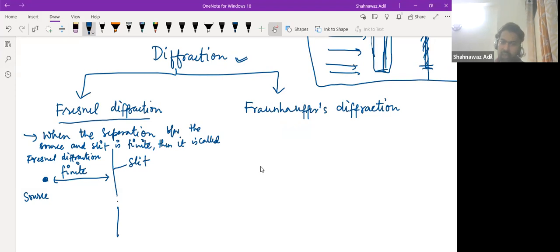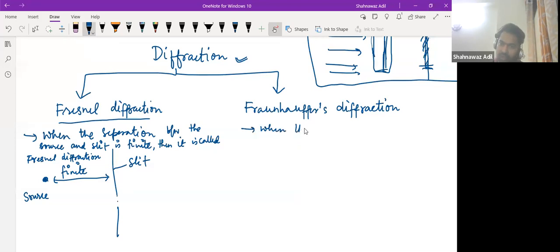And then if you have a source and then a slit, and the separation between the source and slit is infinite, let me check if you guys remember or not.